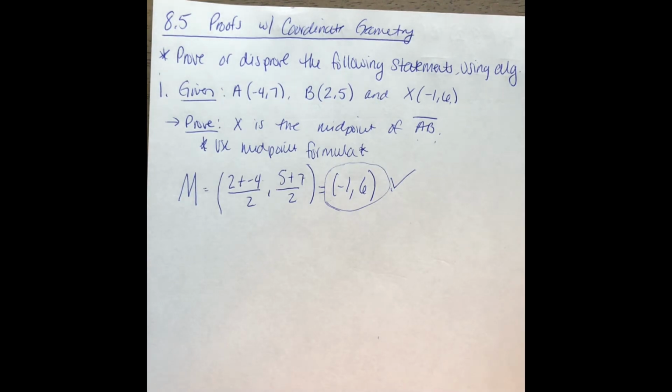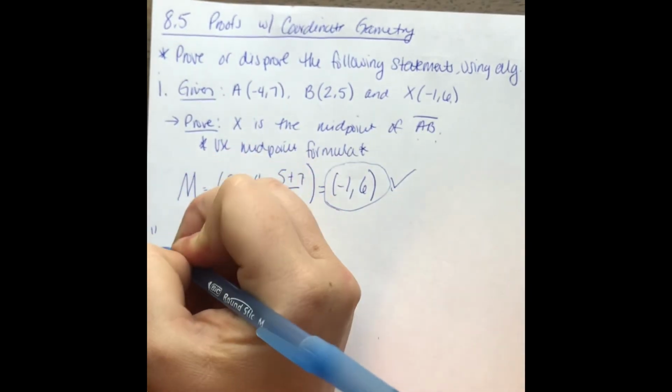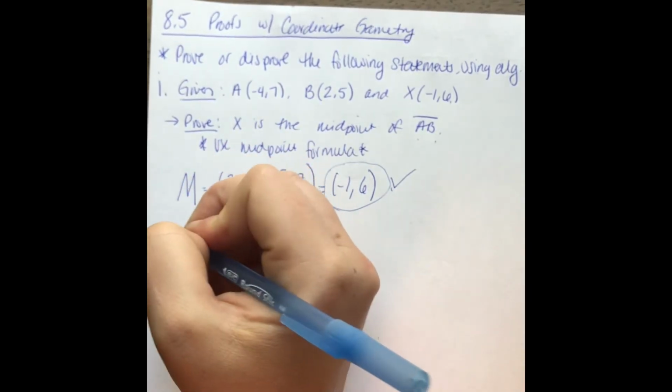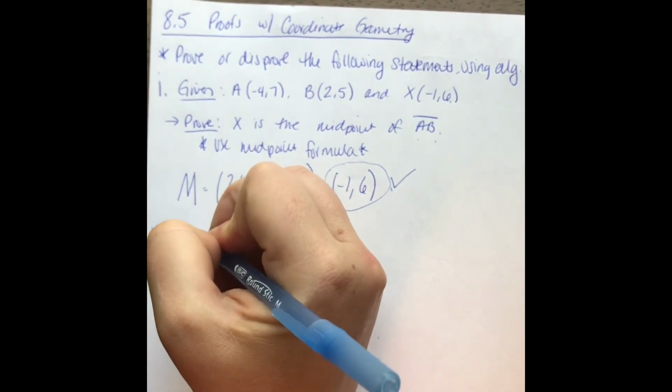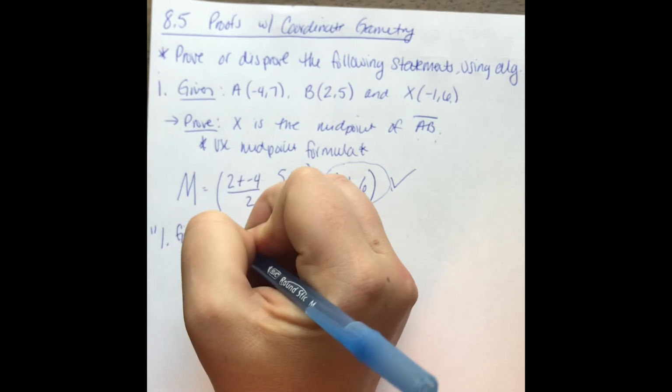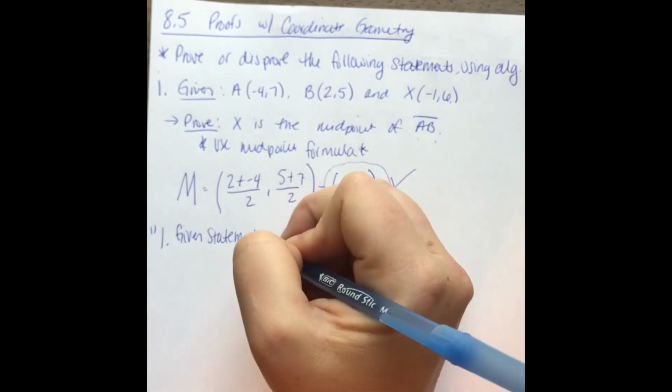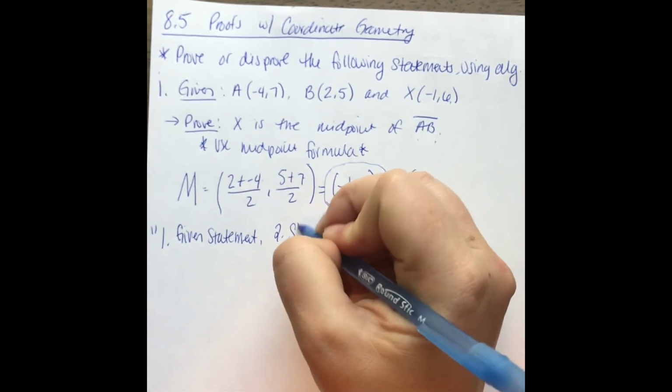However, we have to write a proof. And when we write a proof, we are going to do paragraph proofs. So we're first going to start off with writing the given statement. Then we're going to state the formula that we use.